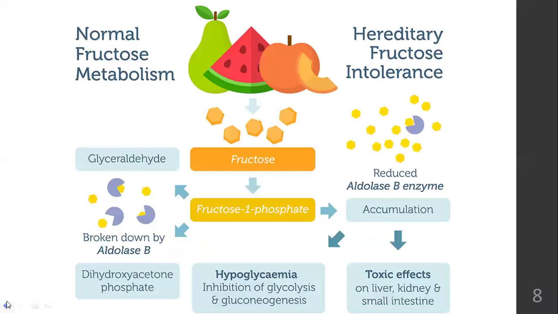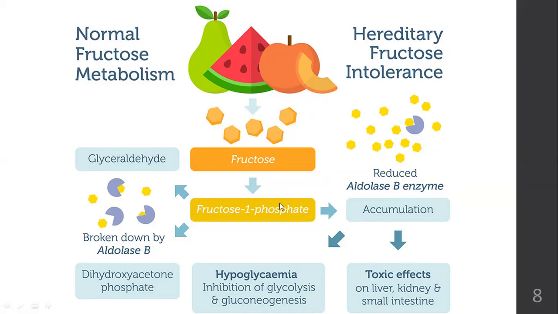If you see the previous slide, up to fructose 1-phosphate: you eat your fruits, and fruits will enter your intestine in the form of fructose. Your intestine will take up fructose. Some chemical reaction will go on in which a phosphate ion is added to this fructose on the first carbon.